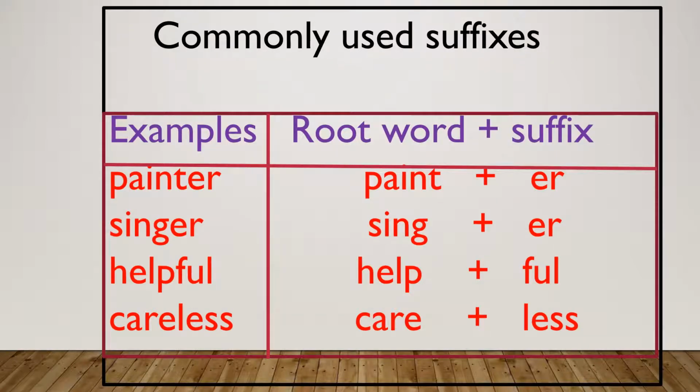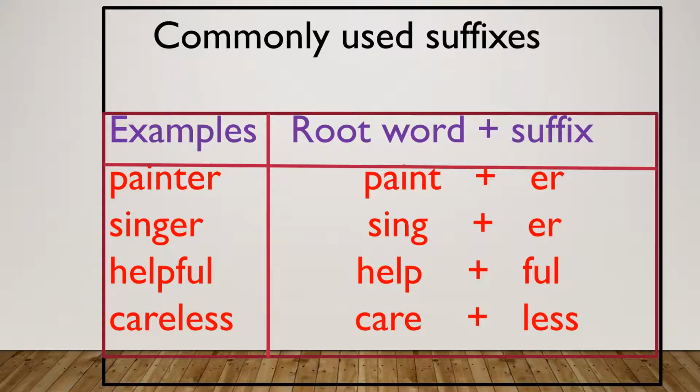Now student, let's see some of the words that are commonly used. Here the first ones are painter, singer, helpful, careless. They have been formed by adding some of the most commonly used suffixes, that is er, ful, less.